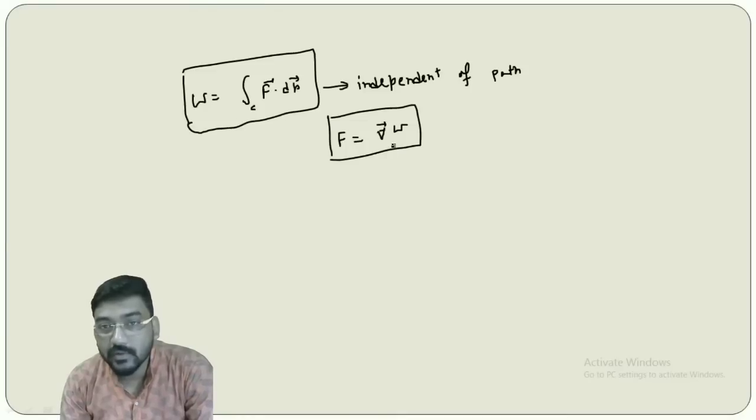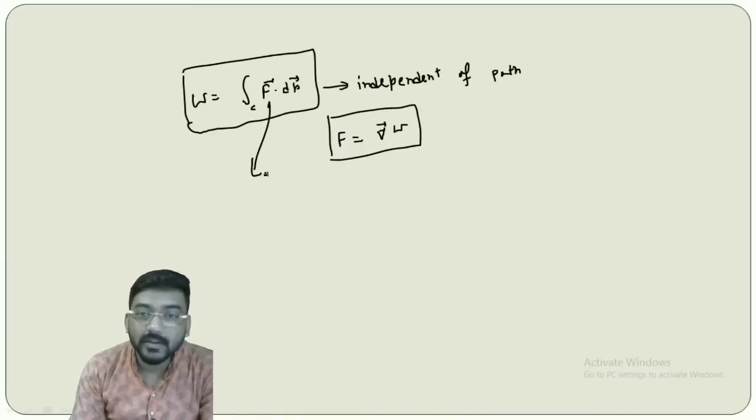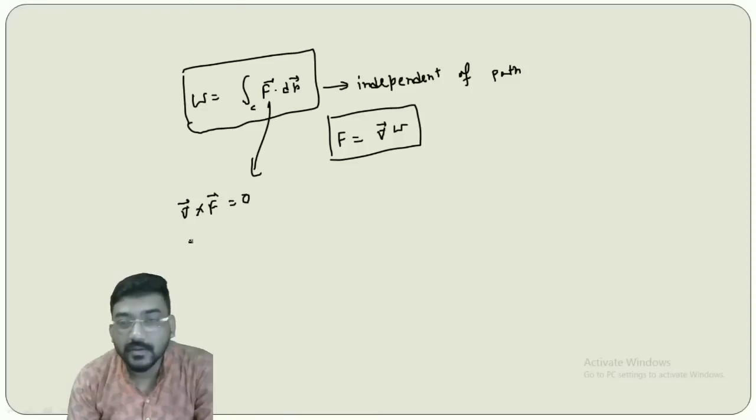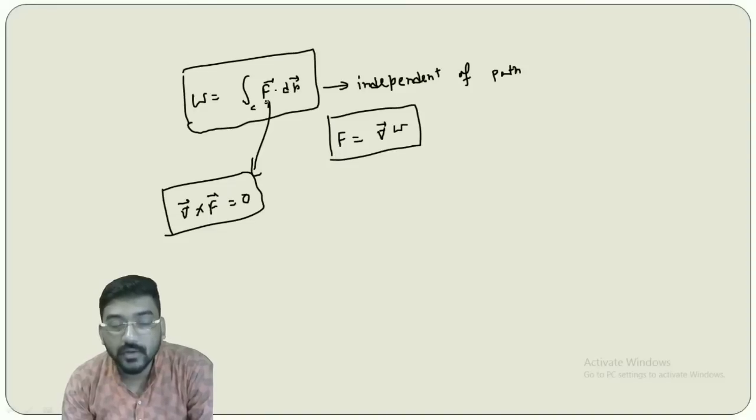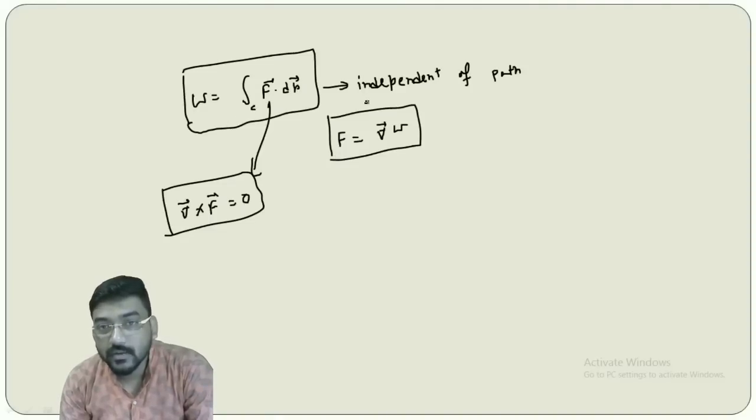And obviously the curl of this function will always be 0 in this situation. We will prove this later on, when we study the Stokes theorem, the vector integration theorem.